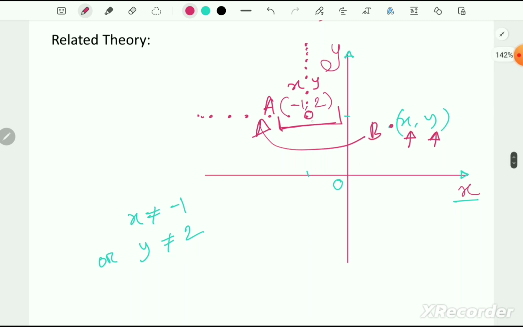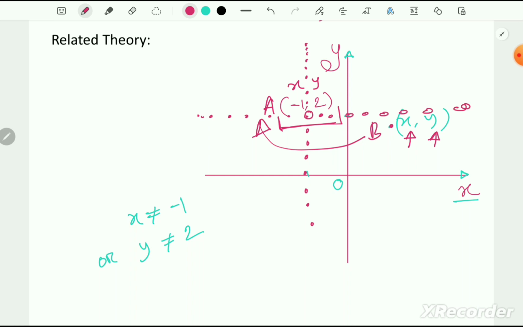If we keep the x value constant and reduce the value of y, then our point will go this way. Same way, if we keep y constant at 2 and keep increasing the value of x, then the points go this way.